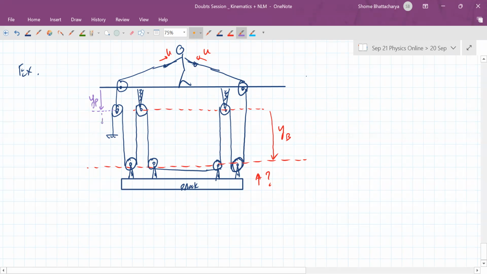So you can also see that this is equal to some h minus yp, where h is this total distance. And you can also write this small distance from here to here as d. So how many different threads do you see in this? How many threads are we using in the system?